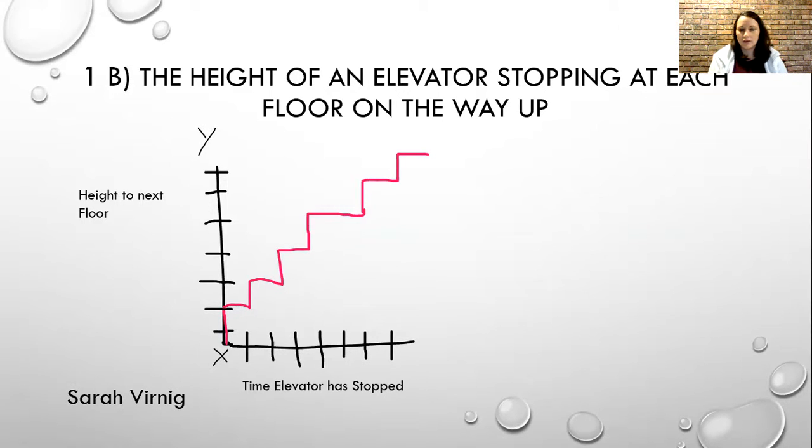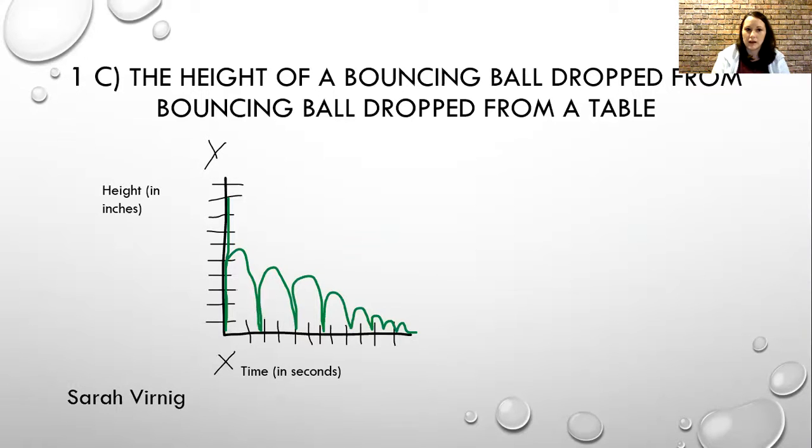So the elevator goes up, our height goes up. When it reaches the next floor, it stops, and we can see that on the graph because once again, it goes horizontal. Okay, and our next graph is the height of a bouncing ball dropped from a table. If we drop a ball from a table, the first drop is going to be the highest because it's got the most potential energy as soon as it drops.